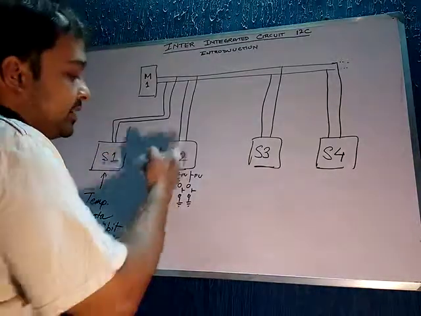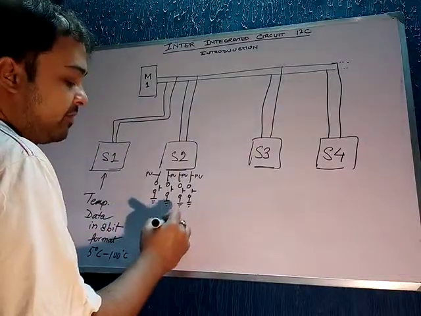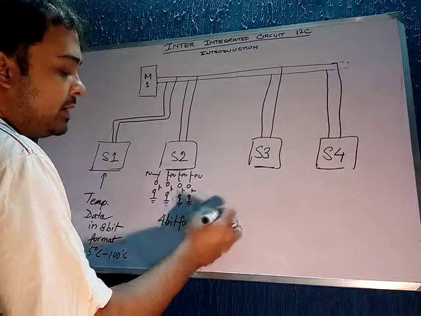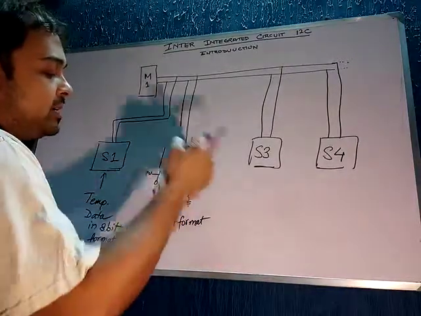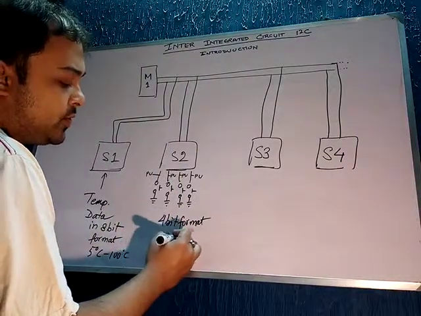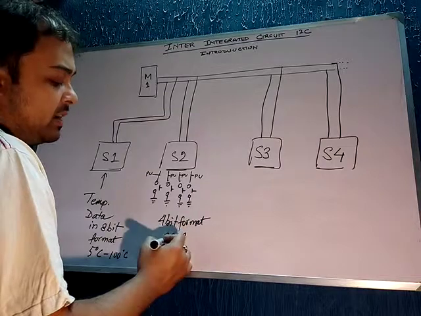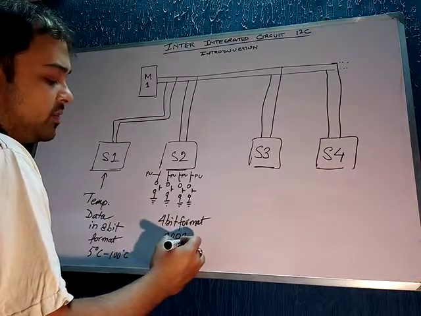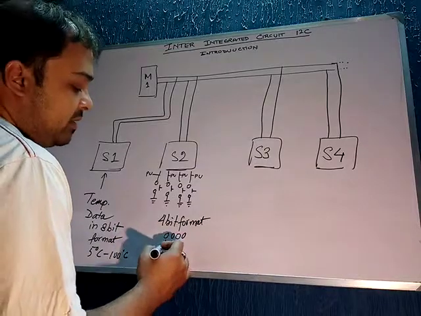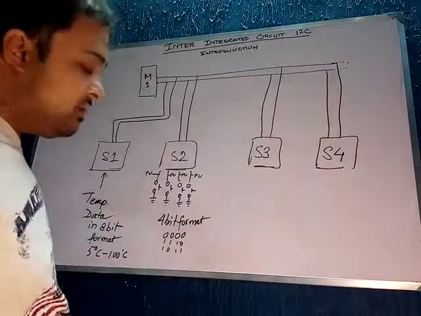So this particular system has a 4-bit format, because when all the buttons are pressed it can send data of 0000. When only one button is pressed, it can only send data of 1110. When this button is pressed, it can send only data of 1011, and so on, right?